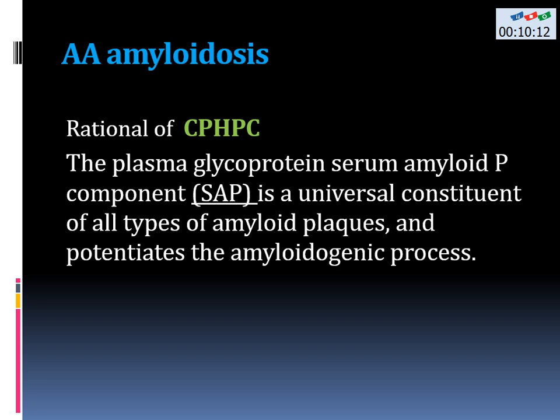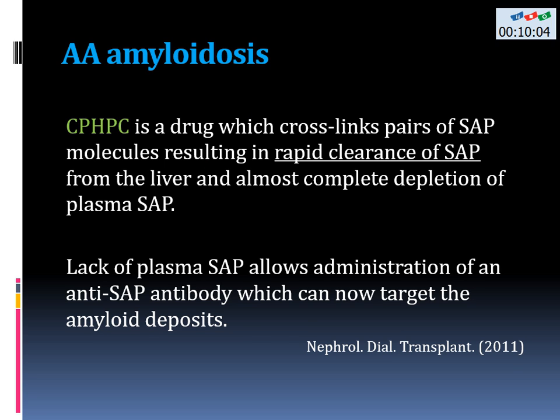The plasma glycoprotein serum amyloid component is a universal constituent of all types of amyloid plaques, and it potentiates the amyloidogenic process. This drug happens to cross-link the pairs of SAP, resulting in rapid clearance of SAP. That's the first step.